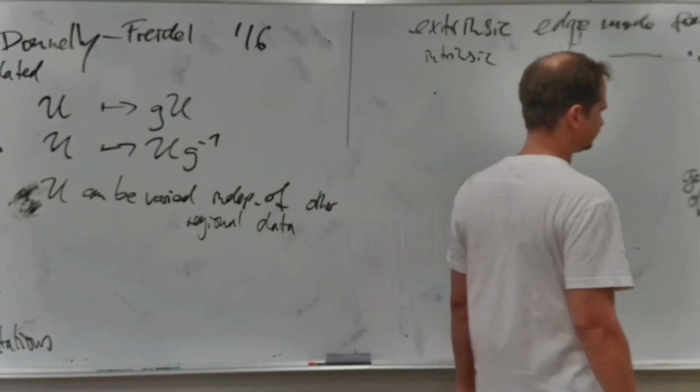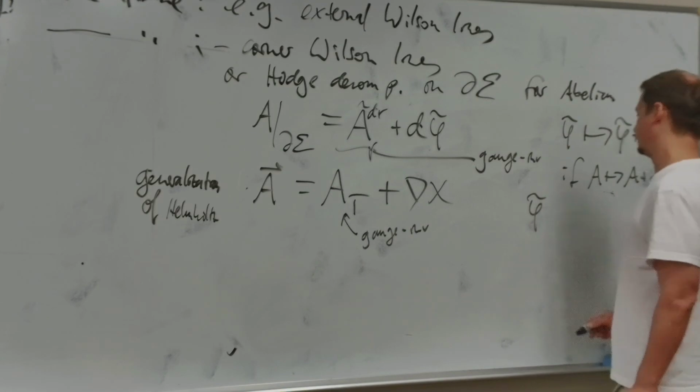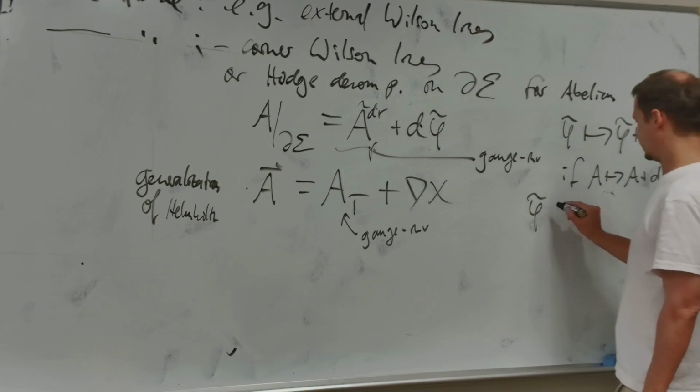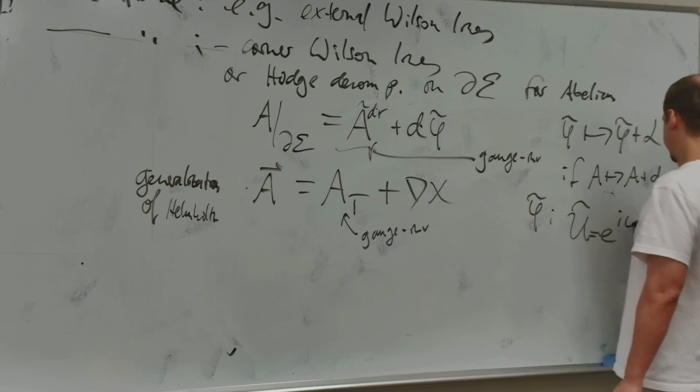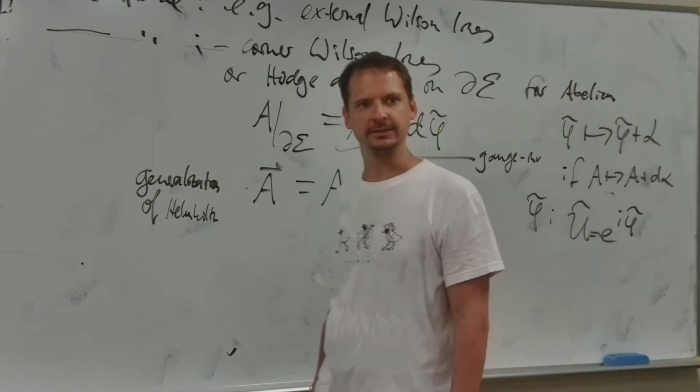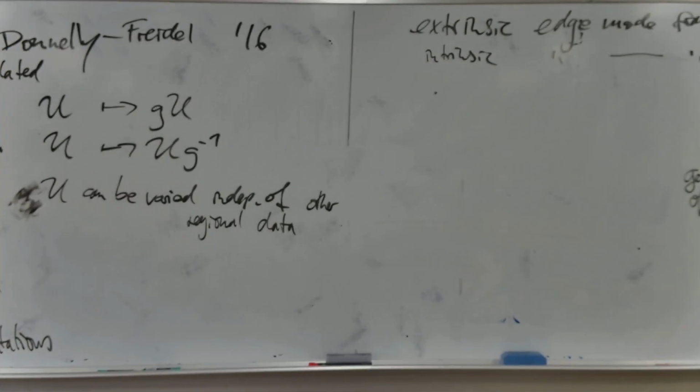And then you can use this, so you can use phi tilde to build a U tilde, that's called e to the i phi tilde. So it's a local U(1) valued object, so it's a group valued reference frame. Okay.